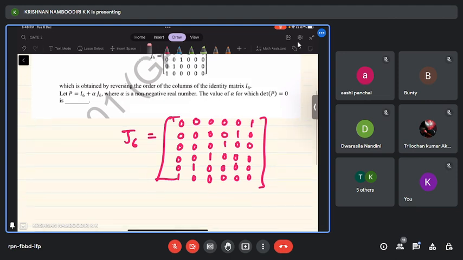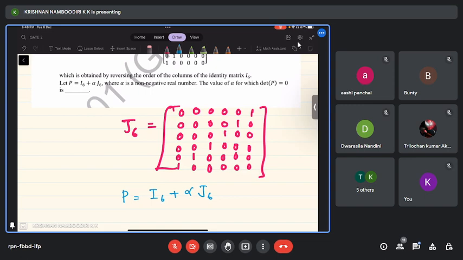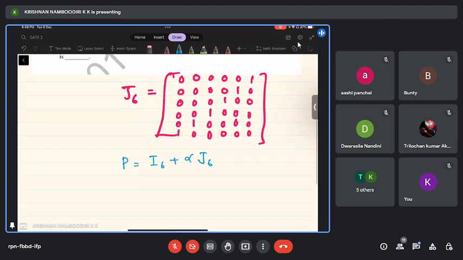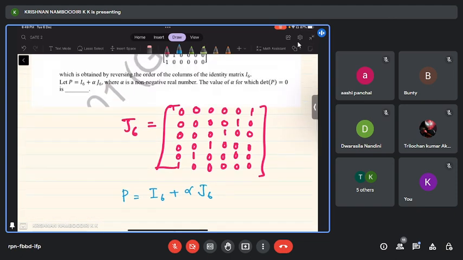Now they are obtaining some matrix P, which is equal to I6 plus alpha times J6, where I6 is the identity matrix of size 6 cross 6. Okay, so P equal to I6 plus alpha times J6.